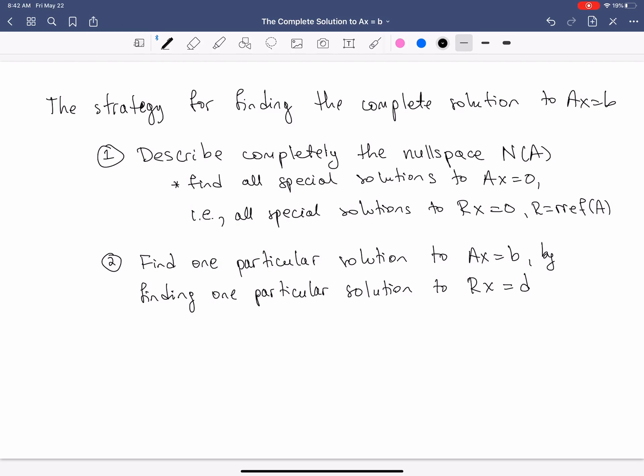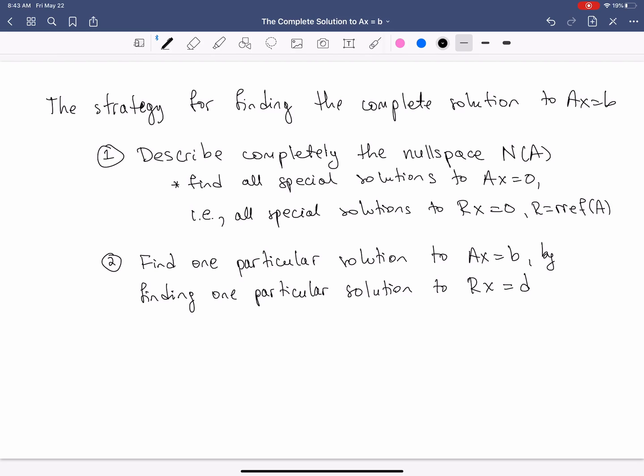So we carry out more elimination on A, therefore we would change that vector b from c to d. And you will see through examples that once you use the reduced row echelon form of A, it's very, very easy to find a particular solution to Rx equals d using only the pivot columns.